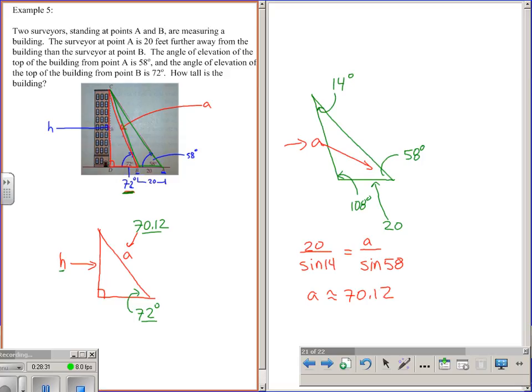So that means that we can set up the equation sine 72 is equal to opposite over my hypotenuse. And that's going to give me that h is approximately 66.69 feet.